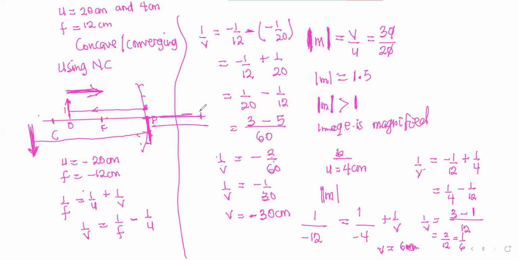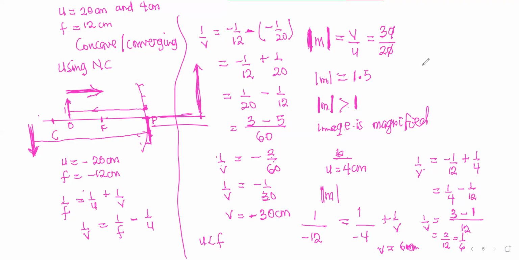And the image must be magnified. Don't forget, the only time a concave mirror forms a virtual image is when U is less than F.